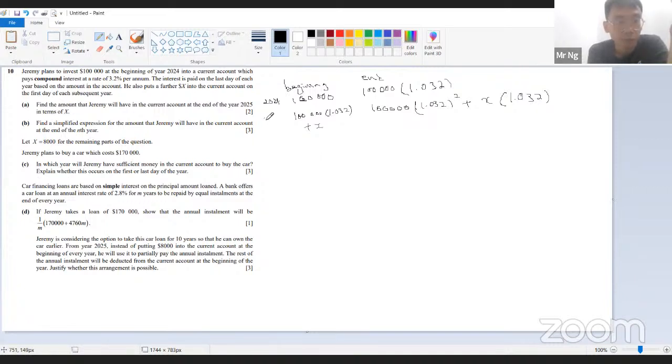So this is 2025. We will have in terms of x. So this is the answer. Simplify. I usually will run through one more to get the pattern. Then plus x, so this thing will plus x at the beginning of the year.